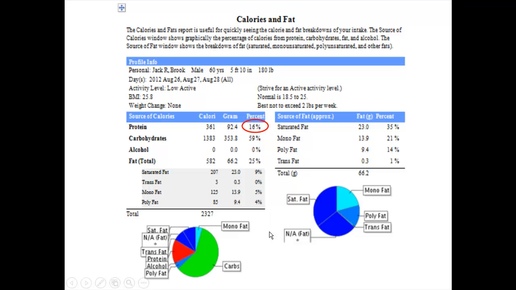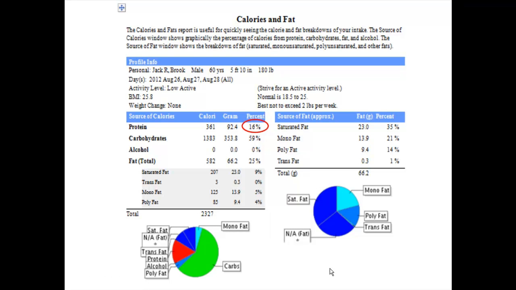So for example, if my percentage was 70% animal, then obviously 30% came from a plant source. So I was 70% animal, 30% plant. Okay, so that's a pretty simple calculation.